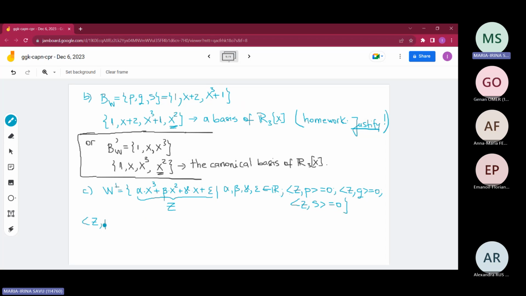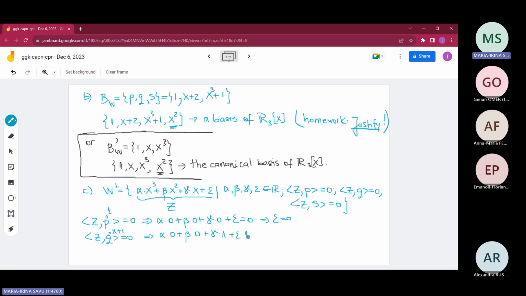Let's take each condition at a time. You have this one equals zero, but P is 1, and from there epsilon is zero, because it is alpha times zero plus beta times zero plus gamma times zero plus epsilon is zero. Then Z and Q is zero, where Q is x plus one, so gamma plus epsilon equals zero, so gamma is zero.